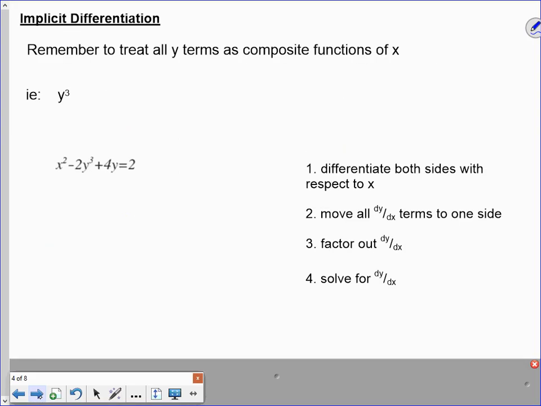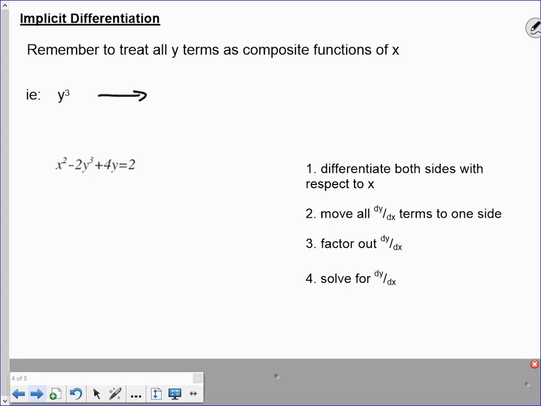There's this relatively simple process. The key thing that we have to remember is that when we are doing implicit differentiation, we have to treat all of the y terms as composite functions of x, or as functions of x. So if we have something like y cubed, and we want to take the derivative of it, we have to remember that that y that we see in there is actually a function of x.